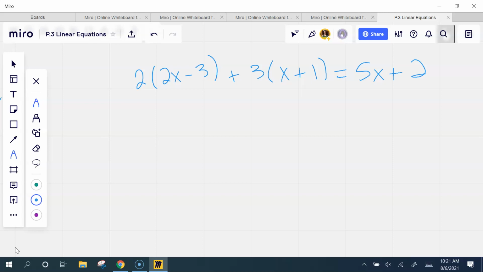And be very careful because all it would take is making this 2x instead of just a 2 there, and all of a sudden it's not linear anymore. Why? What's 2x times 2x? 4x squared, and now I'm not linear anymore. Okay, so watch that very, very carefully. All right, but we're not 2x on the outside, we're 2. How might I go about solving something that looks like that?